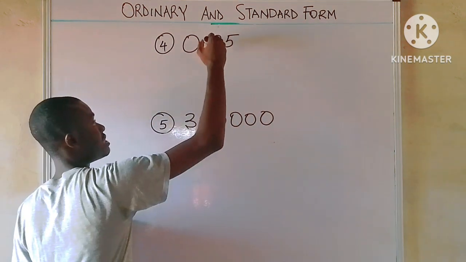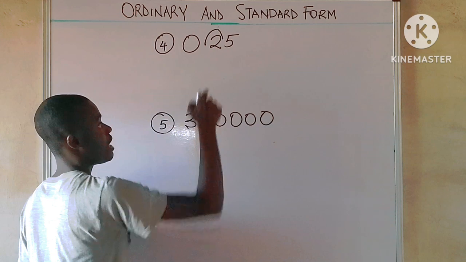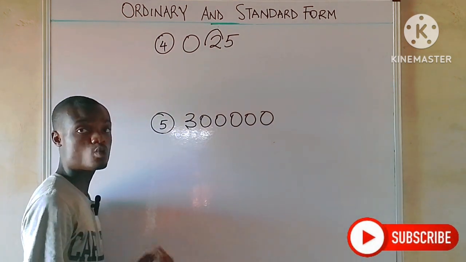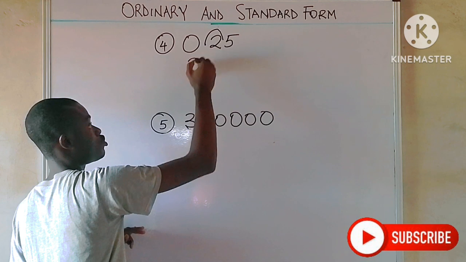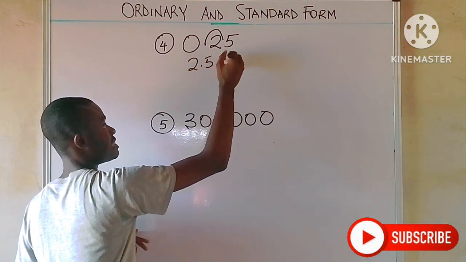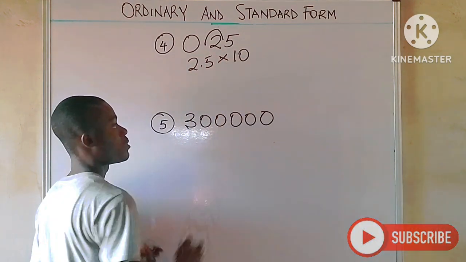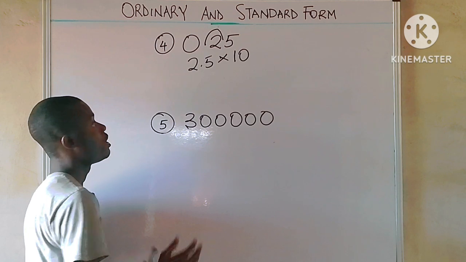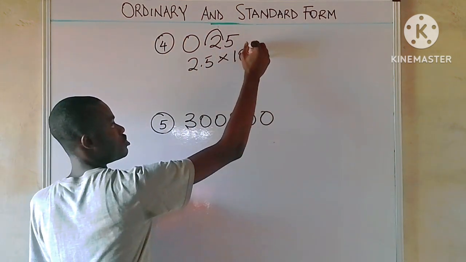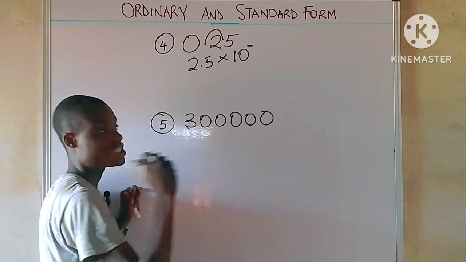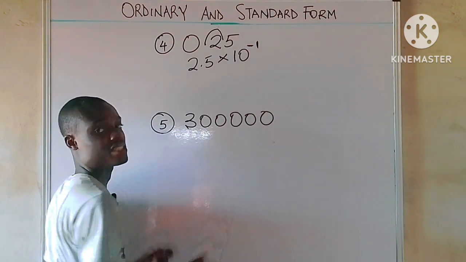So I'll move it 1 time. When I move it once, I have a number 2, which is between 1 to 9. So my decimal point is now at this location. So this becomes 2.5 times 10 raised to, because I move my point from left to right, it will be a minus, and I moved it just once, so it will be a minus 1.